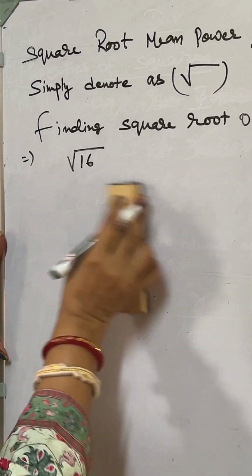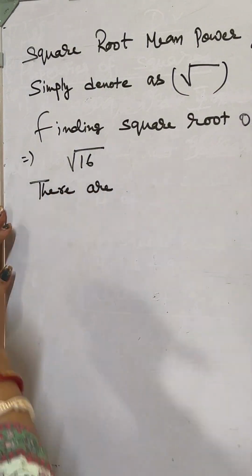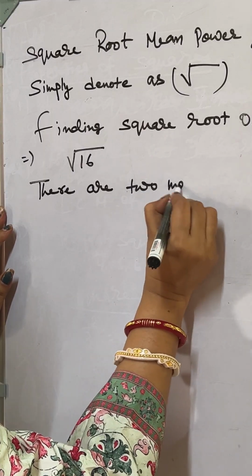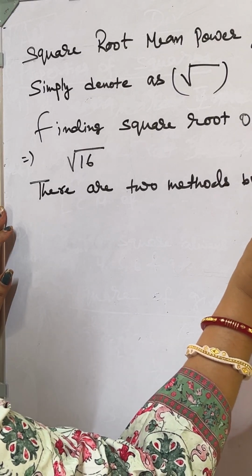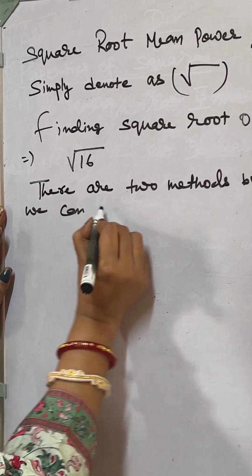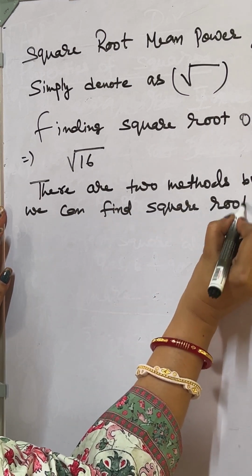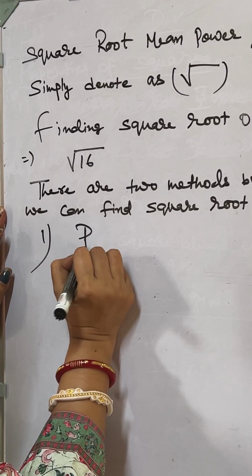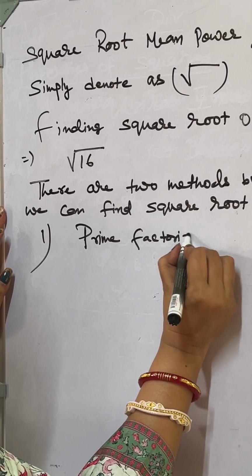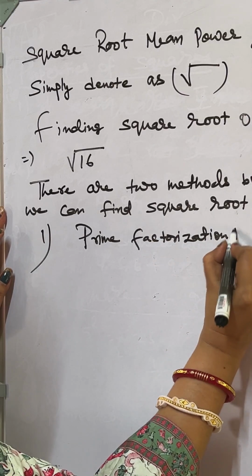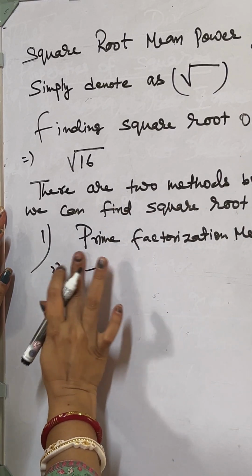Children, there are two methods by which we can find square root: the prime factorization method and the division method, the long division method.